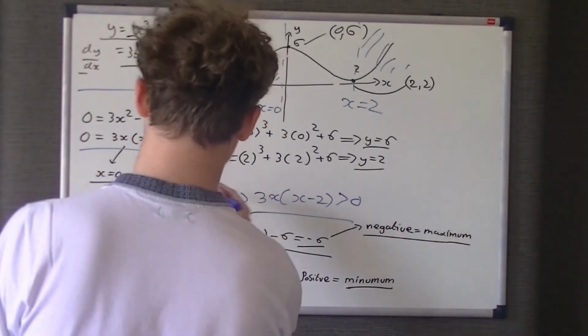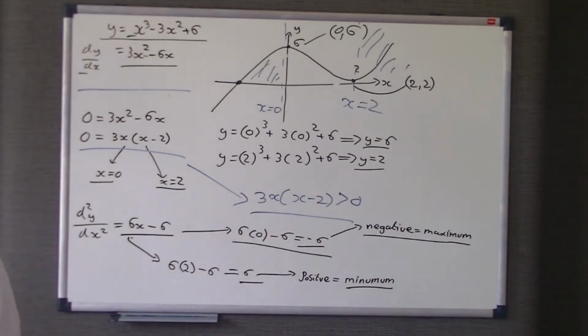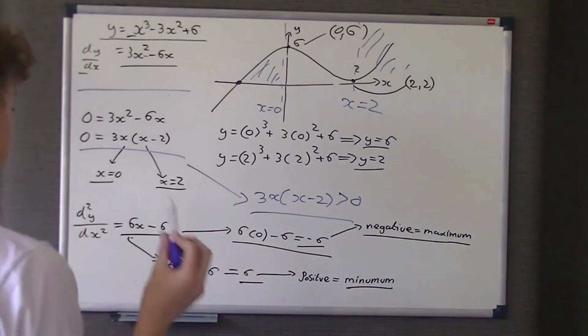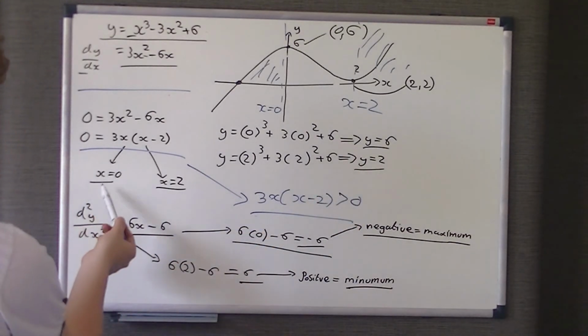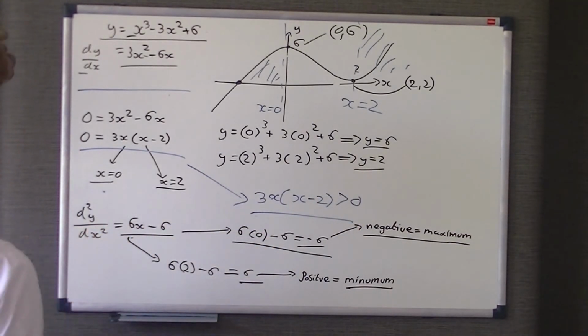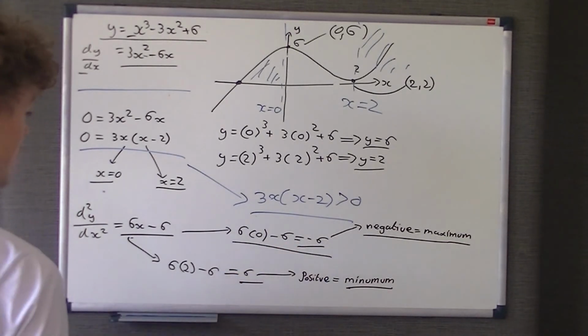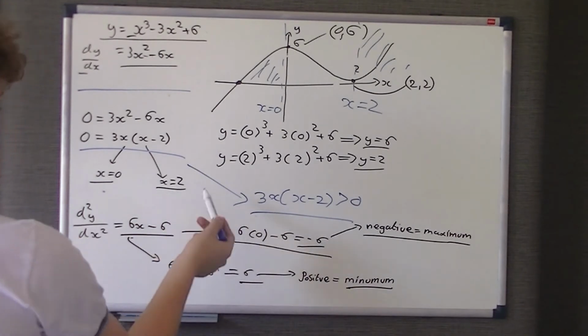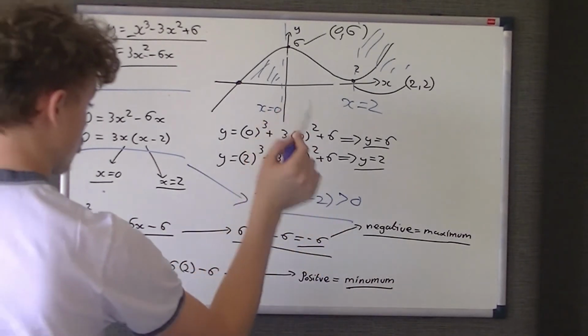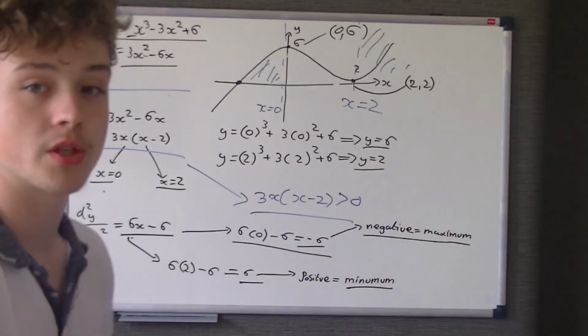Put a number that's greater than 0 into that equation, and you will get a value. If it's greater than 0, you know that's the value of x. If x is larger or smaller than 2, and it gives you a value that's greater than 0, you know that's the one to go for.